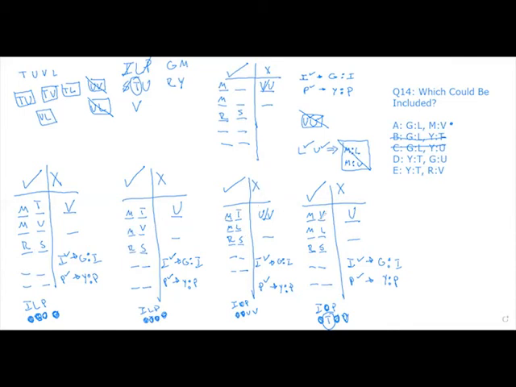This world. V or U have to be mauve. So V would be mauve. U would have to be here. Doesn't work. E, yellow T, and a red V. Okay, where could this work? Somewhere T isn't mauve. T isn't mauve here, but V has to be mauve here. Doesn't work. A is our answer.